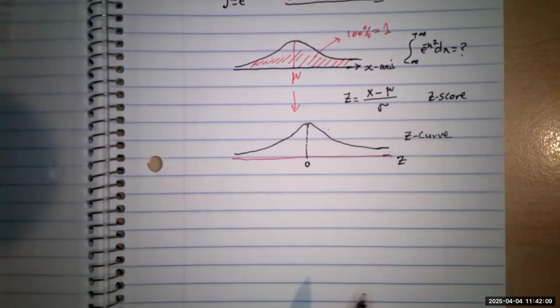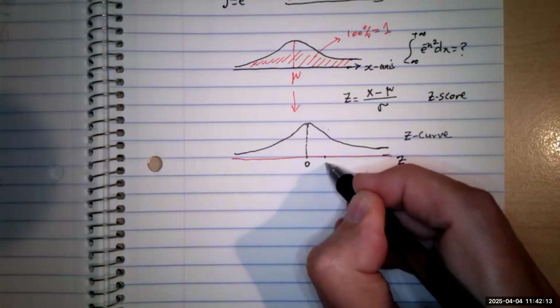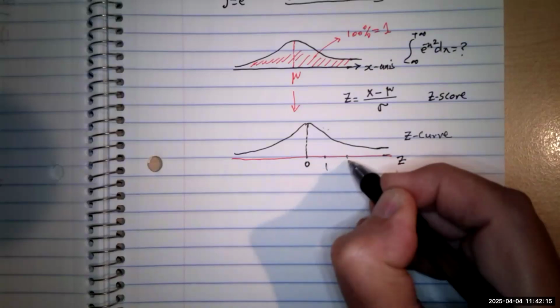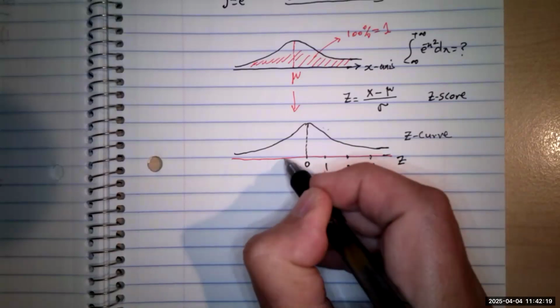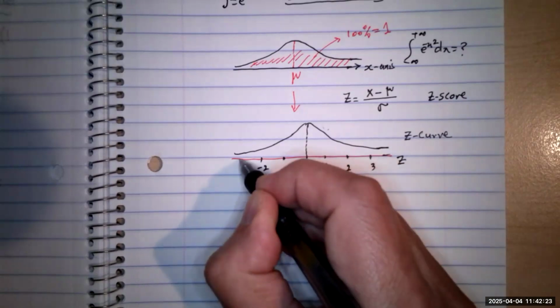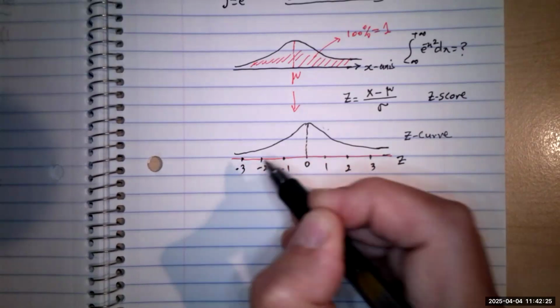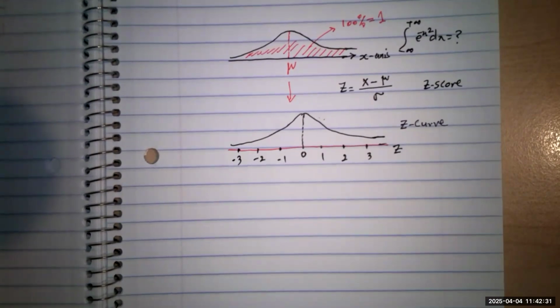This is the z curve, starting with 0, and then the numbers 1, 2, 3, and like the one you did before, -1, -2, -3. You know that the values between -2 and 2 are ordinary z values, and the other ones are unusual.